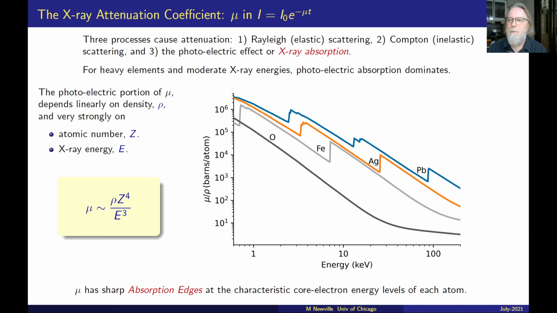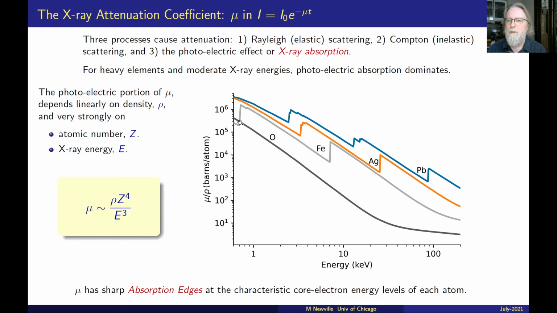And the important thing to know for that is that the photoelectron portion of mu depends linearly on the density of the material, and also very strongly on the atomic number, the fourth power of atomic number, and very strongly on energy, the third energy to the third power.